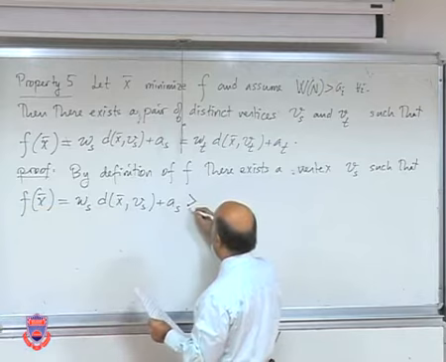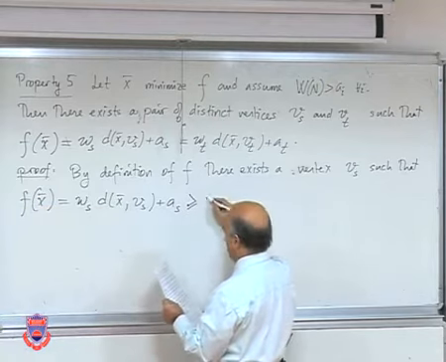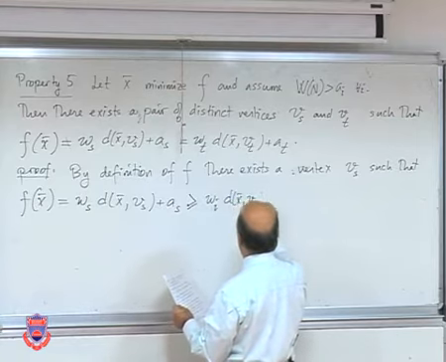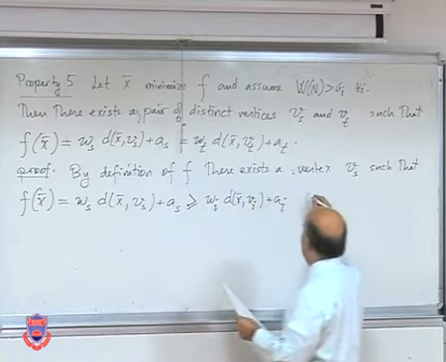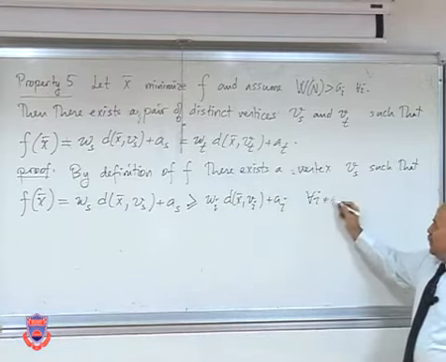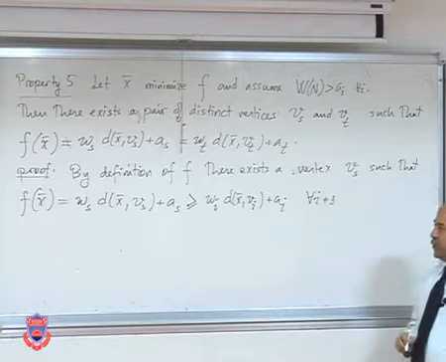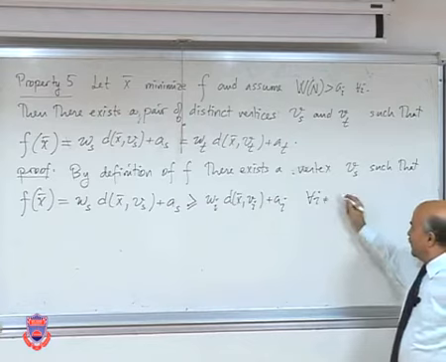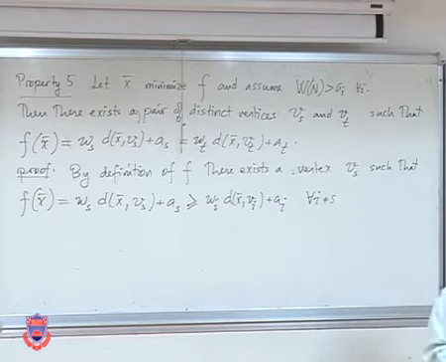And we know that this is greater or equal wi dx bar vi plus ai for every vertex index i. S is already included, so let's just separate S out.